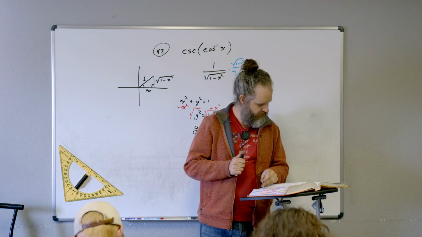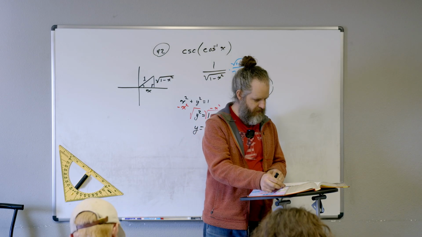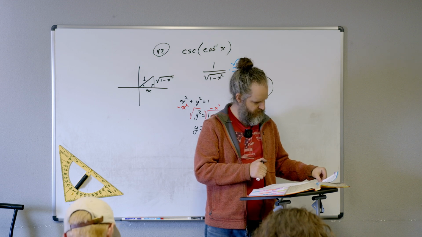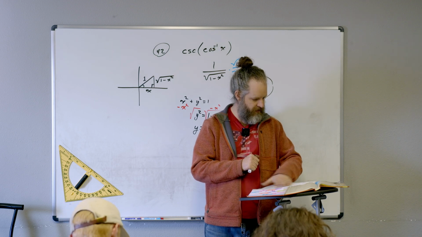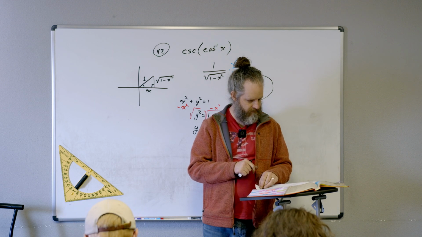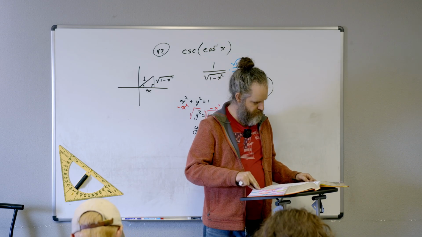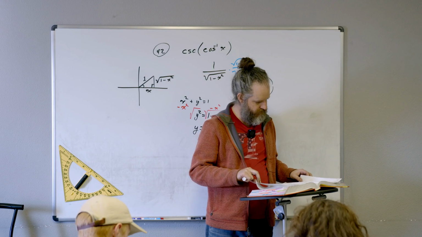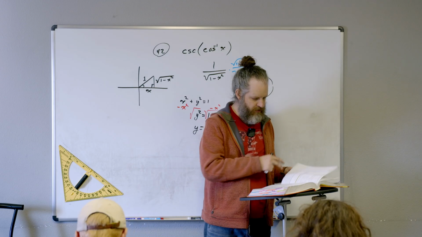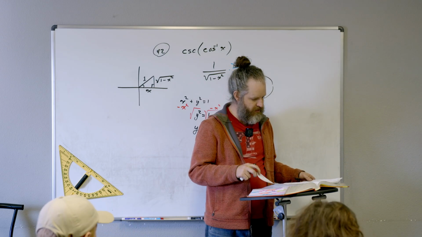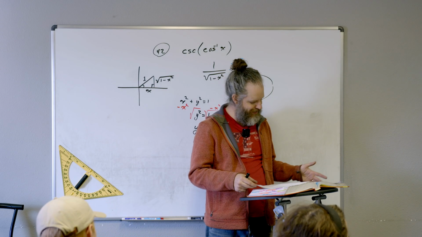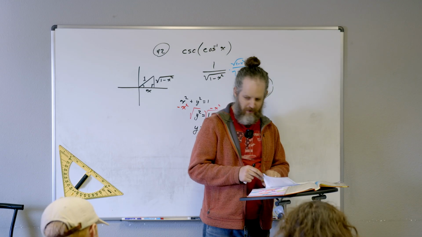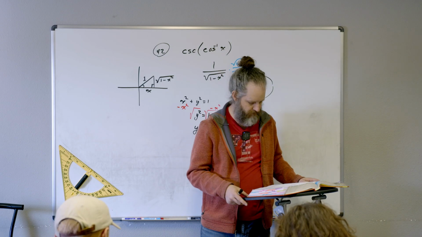I think it's in lesson 3. Yeah, trig functions in the unit circle. Yes. So in the book, in case this is useful information to you, it starts on page 242. Okay.